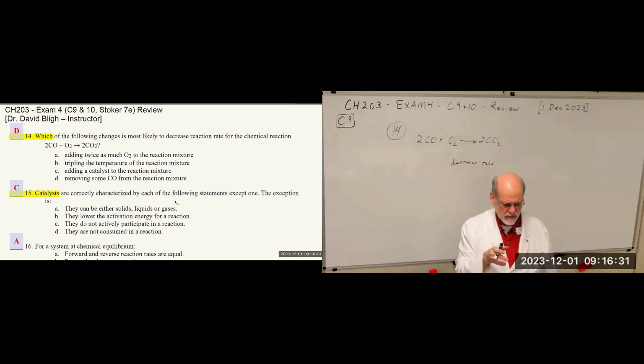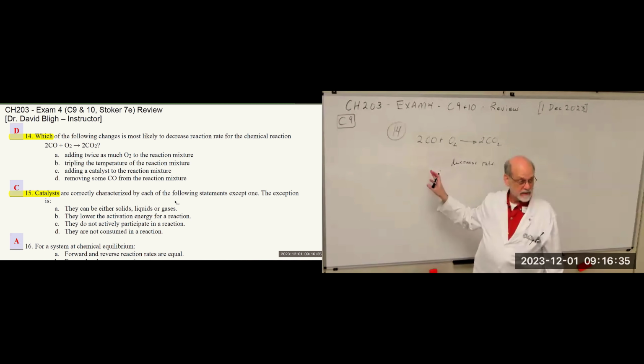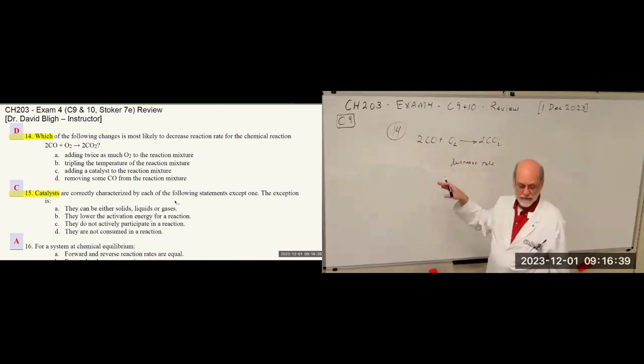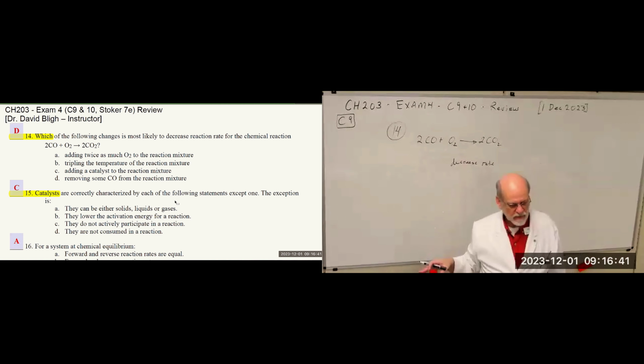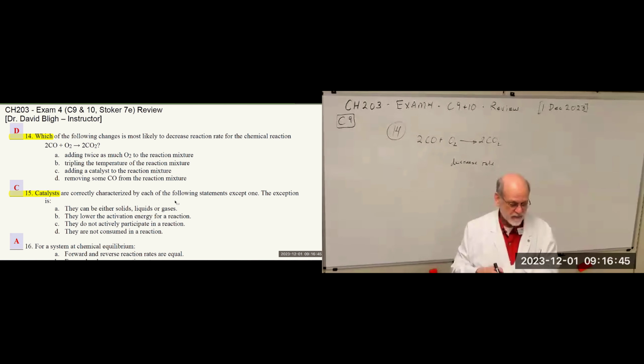Adding twice as much O2 to the reaction mixture, that'll shift the equilibrium, but it won't change the rate of the reaction. Changing the concentrations, well, that's another topic actually.